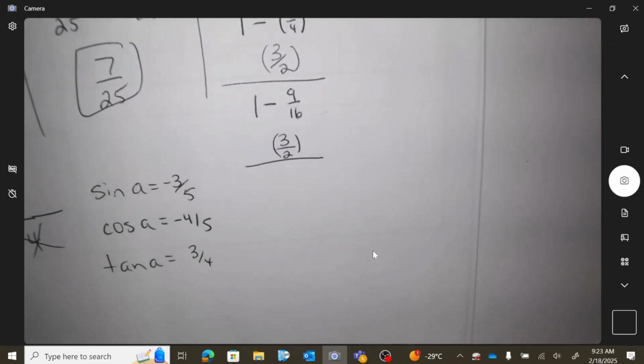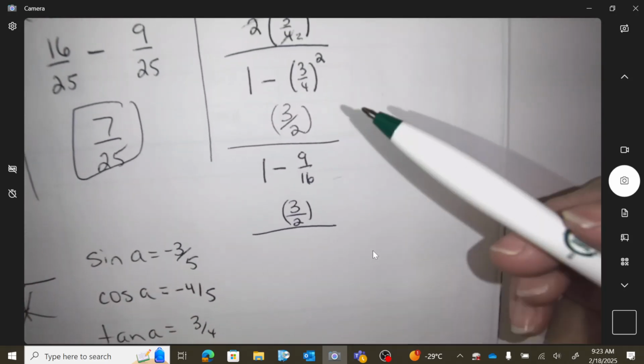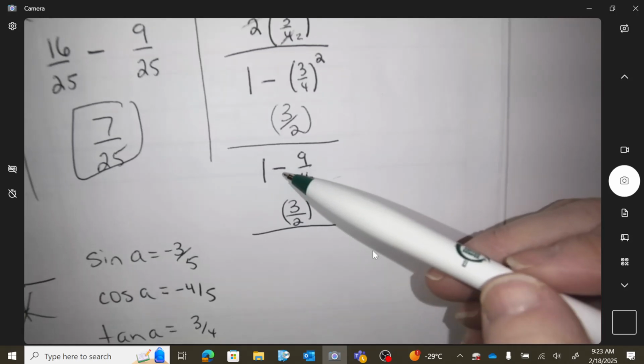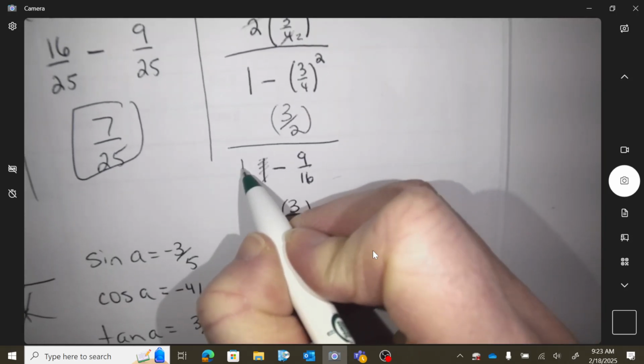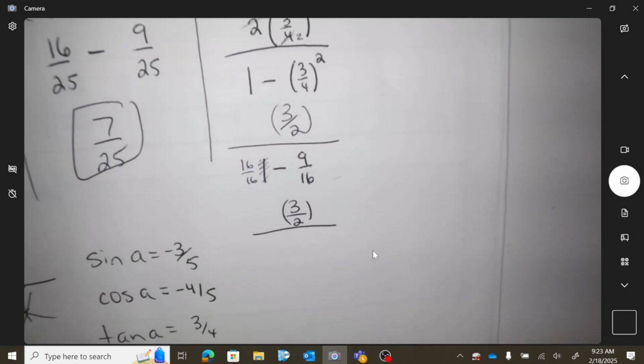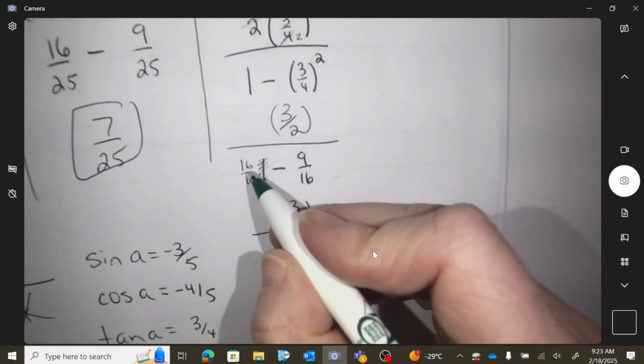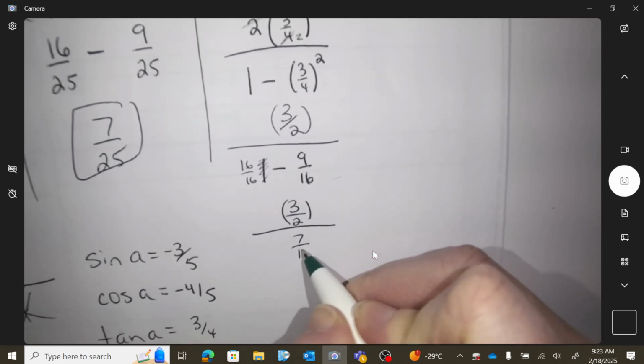Okay, following the math. So 3/2. Are you okay if instead of 1, I scratch it and I write 16 over 16? Is that okay with you? 1 is the same as a 16 over 16. So that would make 7 over 16.